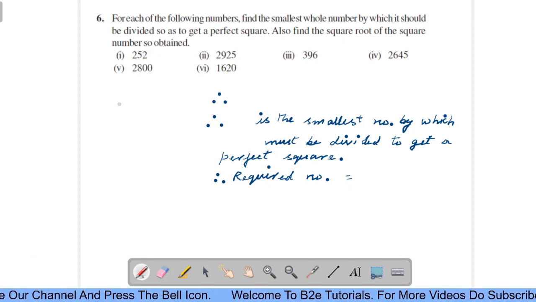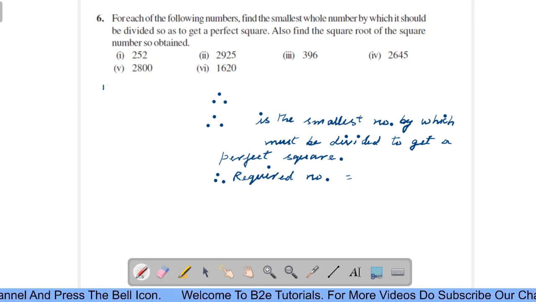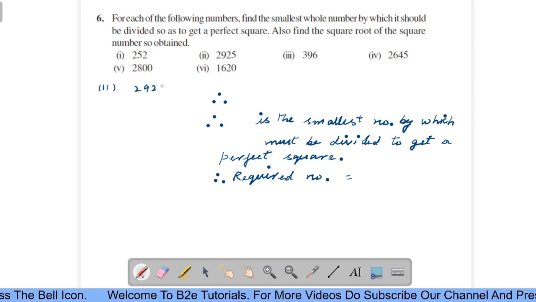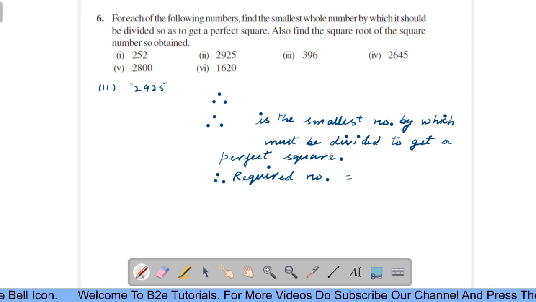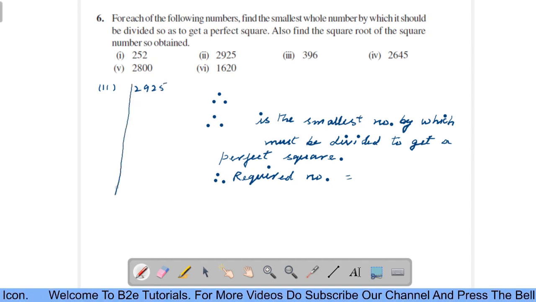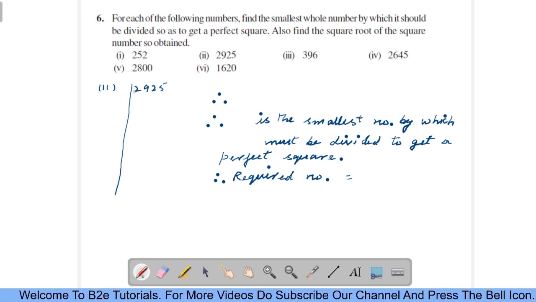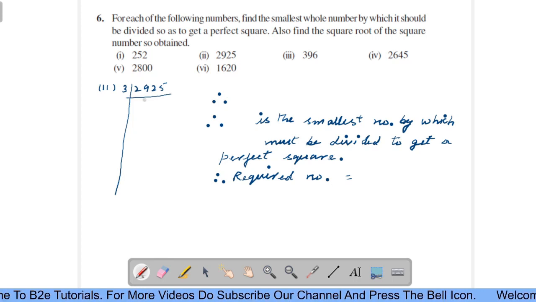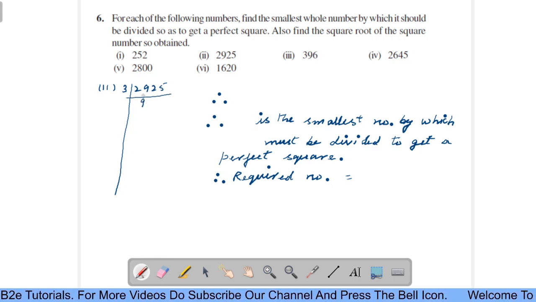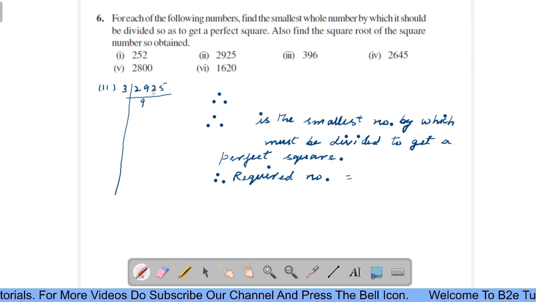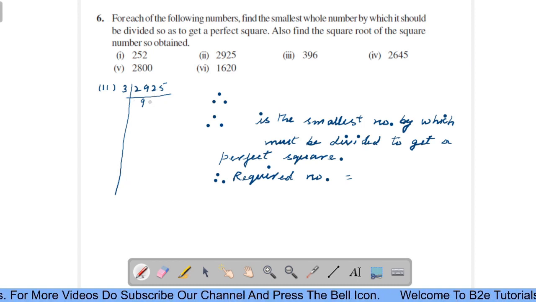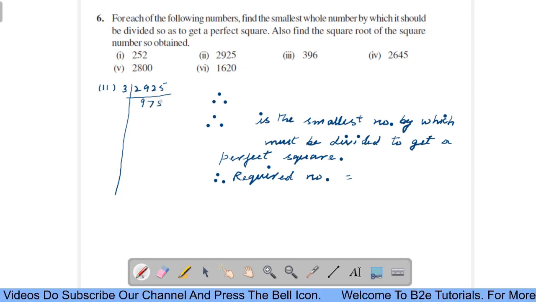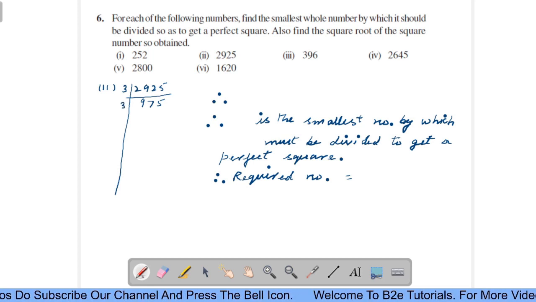Now come to second part. It is 2925. Now find out prime factors of this number. It will be divided by 3. 3 nines are 27, 3 sevens are 21, and 15, 3 fives are 15, again by 3.